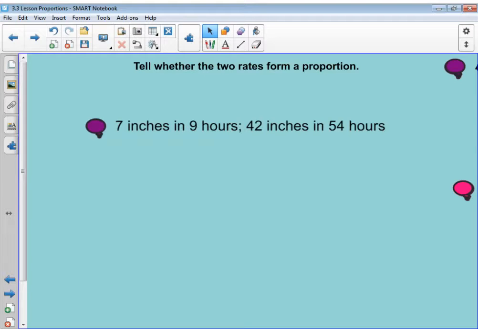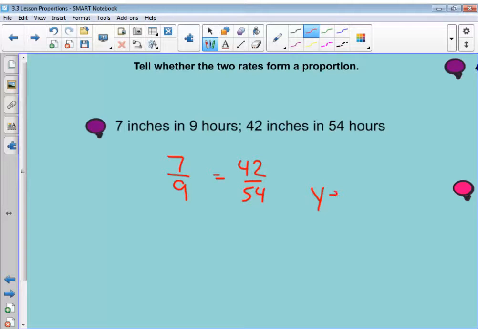You need to set it up as proportions, first of all, so those fractions, and then check to see if they're proportional. You should have ended up with a yes on this. Okay, so that's working with some basic word problems.